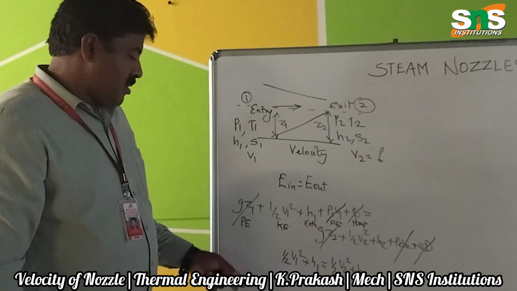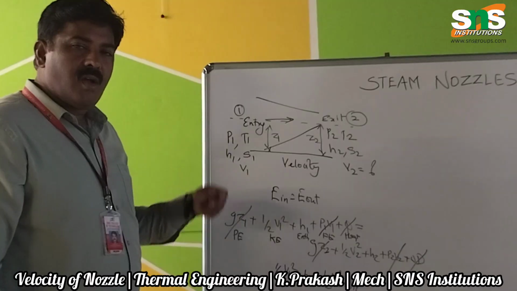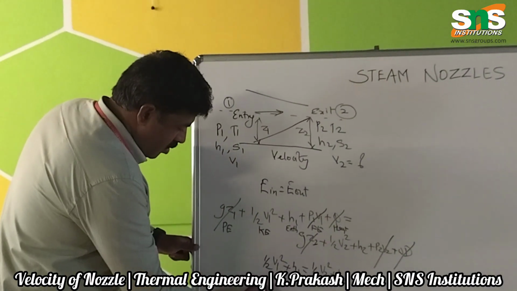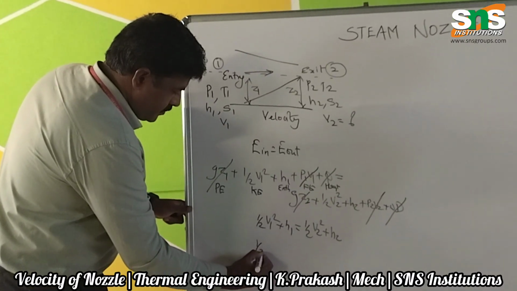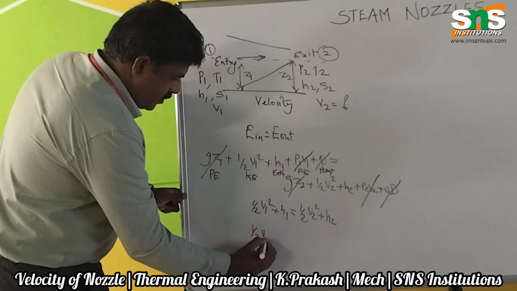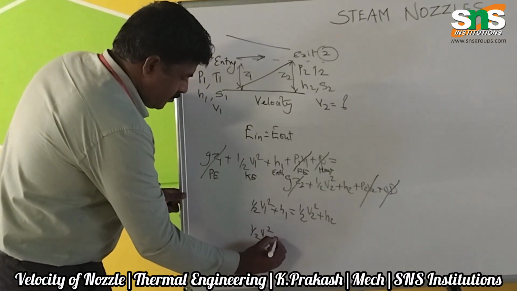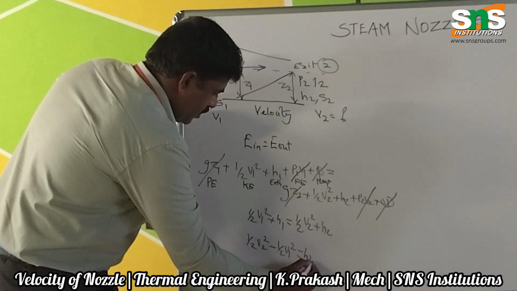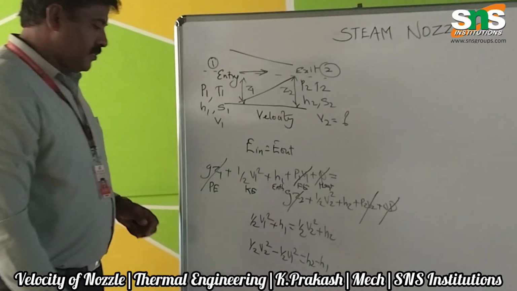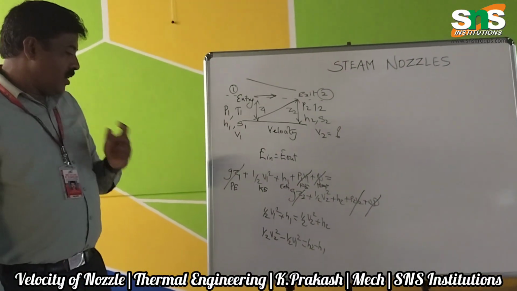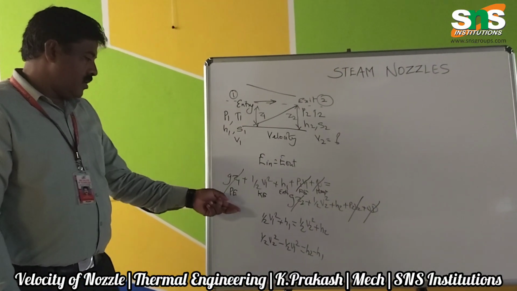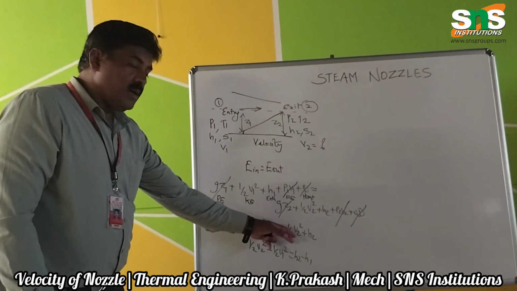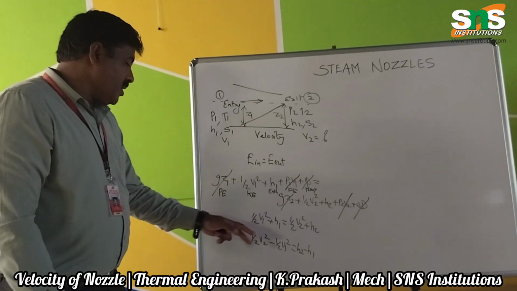Now we take the enthalpy on one side and the velocity on the other side. So half V2 square minus half V1 square is equal to H1 minus H2, with the velocities on the same side.